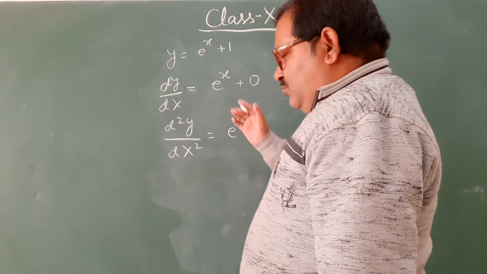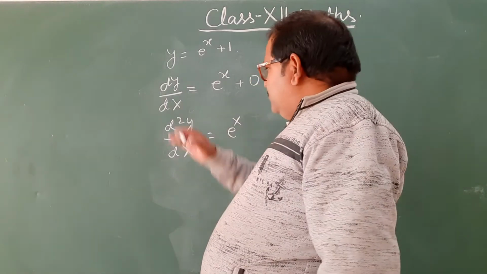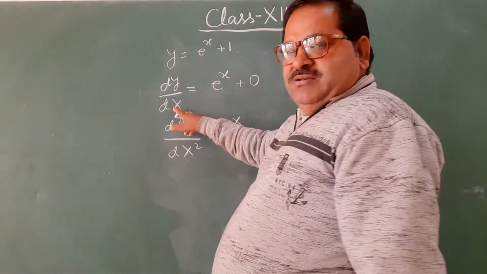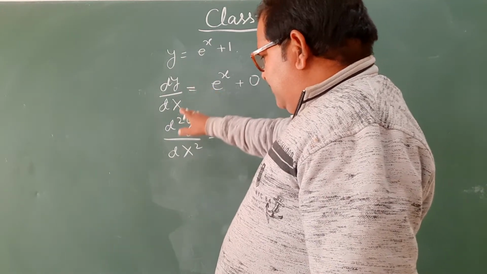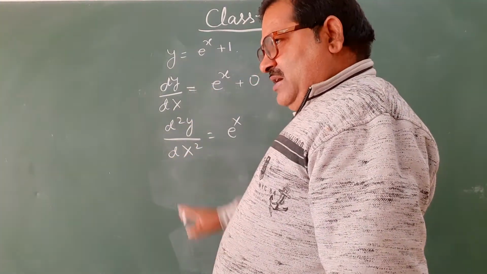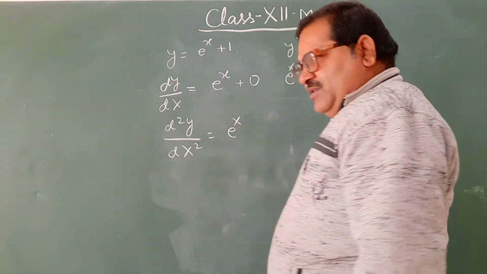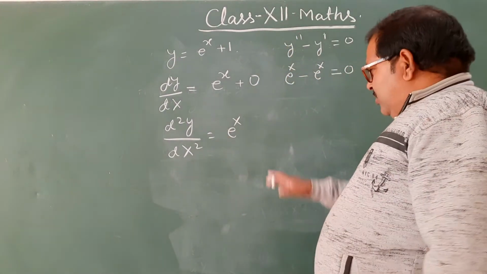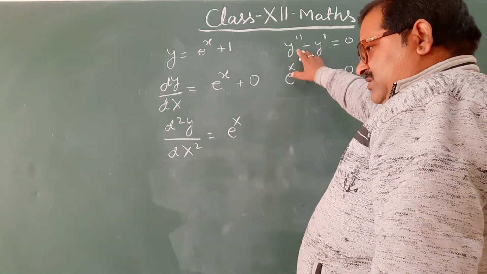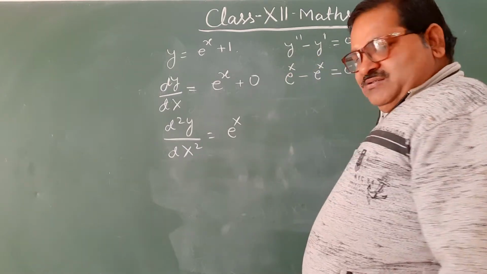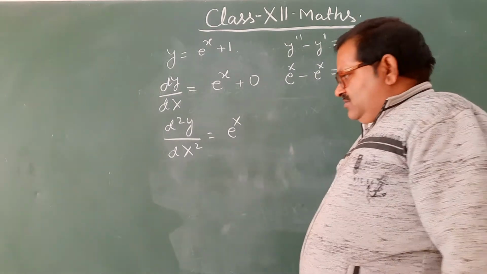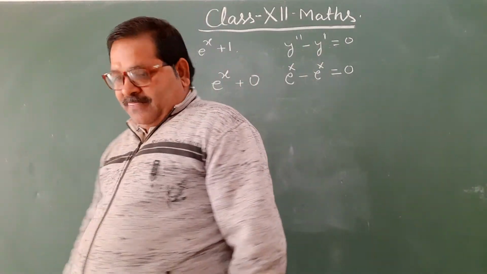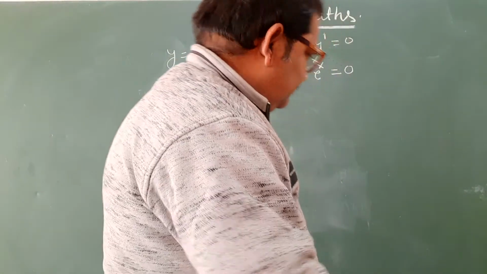So dy by dx equal to e power x and d2y upon dx square is also e power x. Now put these values in the given differential equation to verify the condition. Clear? Next question.